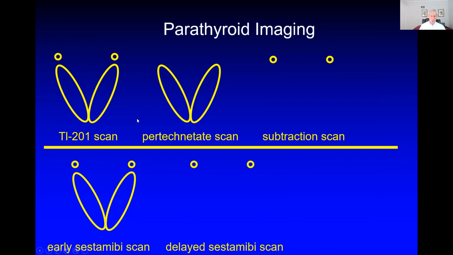The way the thallium worked was we had to do a pertechnetate scan, which went only to the thyroid, subtract it electronically from this scan, and then what's left over is similar for both. But this was a lot of trouble, a lot of manipulation on the computer, took a lot of time, and sestamibi is probably slightly better than that and much easier and quicker to do.